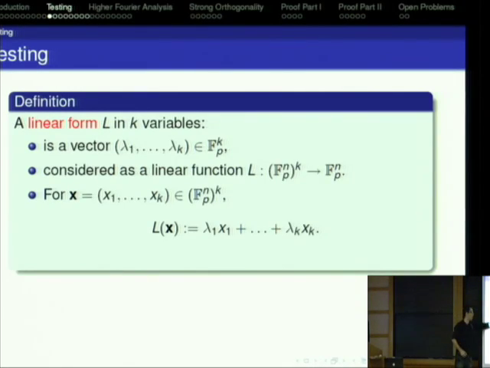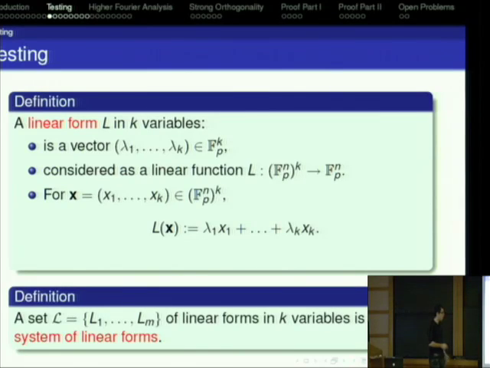If you take a vector x in (F_p^n)^k, so each one of these x_1 to x_k is itself a vector in F_p^n. It's a point in our space. Then L of x is just the linear combination of these with the coefficients that come from the linear form. We call them linear forms. And we'll use the term system of linear forms to refer to these sets of linear forms in k variables.